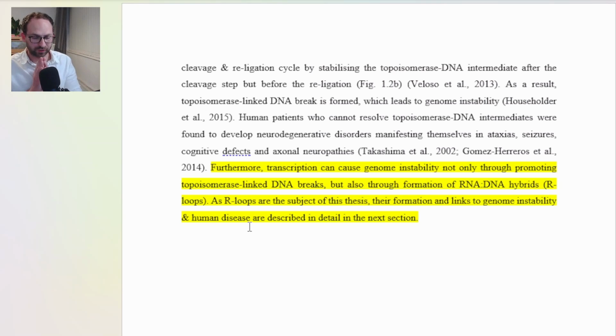So what you can see here is that I started with a hook. I started with a hook and then I went a little bit more specific. I outlined all the DNA damage repair pathways, a very high-level overview. But then I went a little bit deeper and started talking about the DNA damage that is induced by transcription.